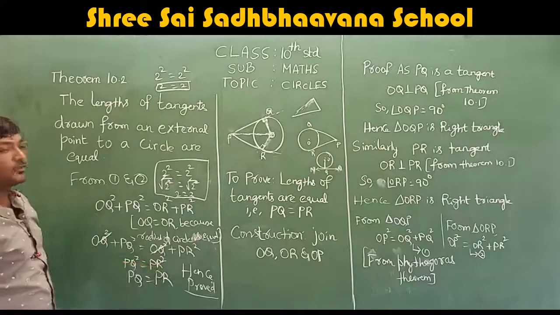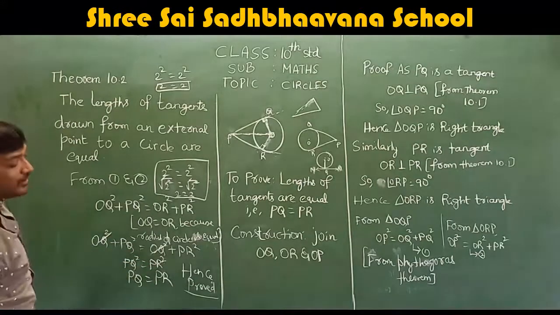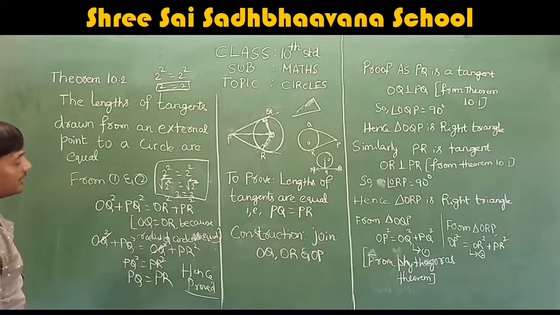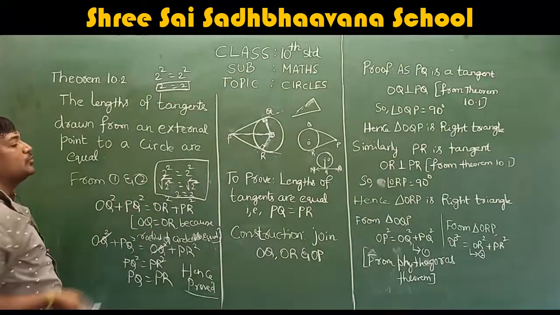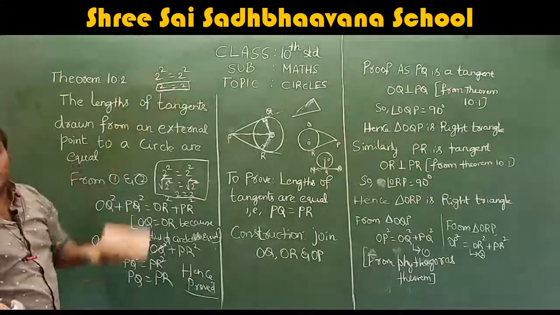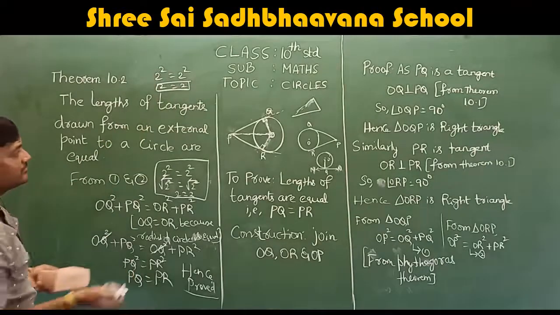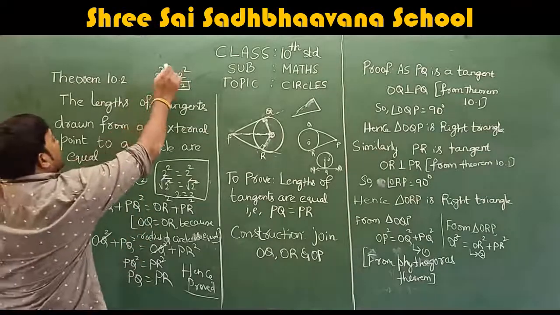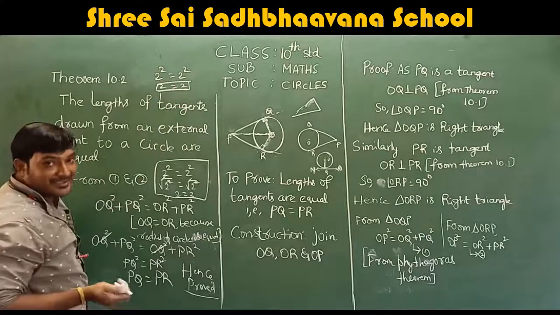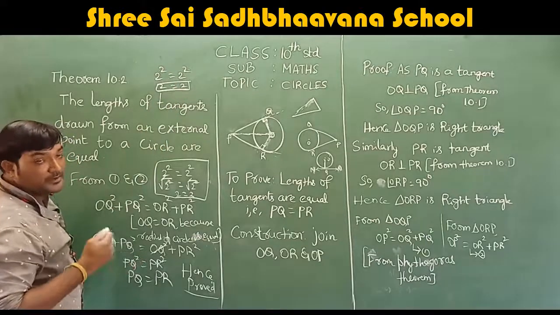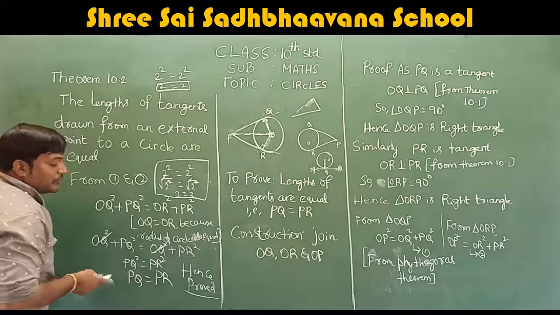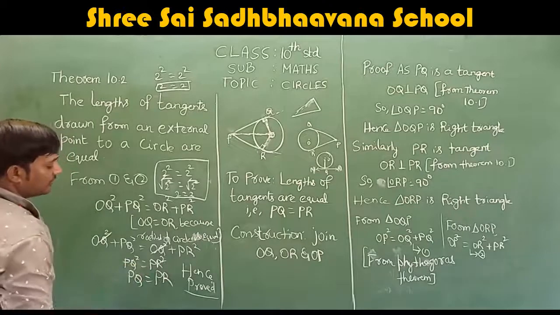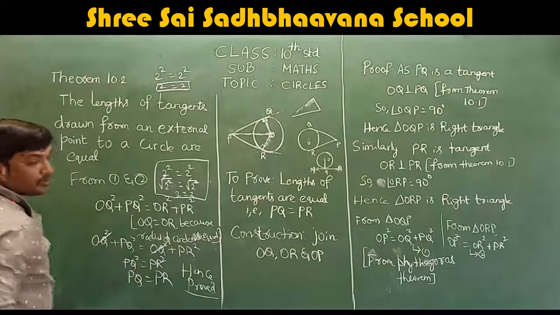You will be left with PQ square is equal to PR square. So as I said, 2 square is equal to 2 square. It means 2 should be equal to 2. Correct? Because if exponents are same, bases should be equal. This is an exponent formula you might have studied. So in this case, if PQ square and PR square are equal, then PQ should be equal to PR.